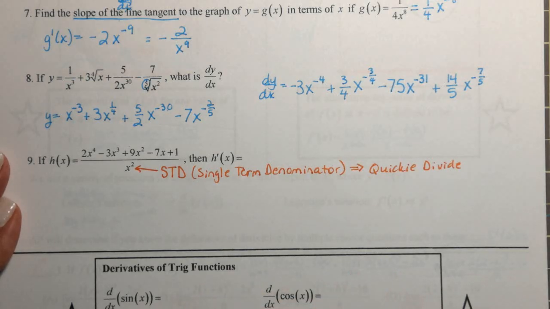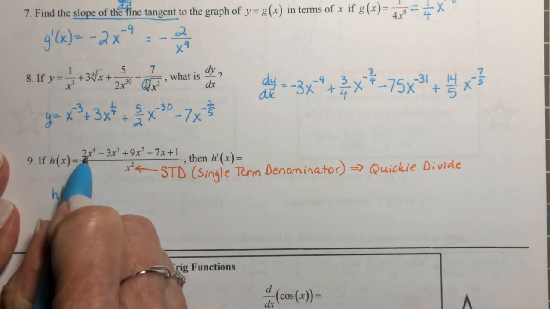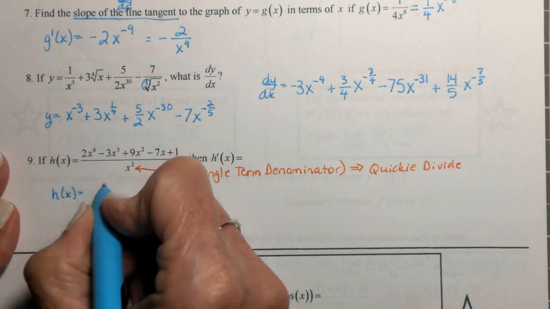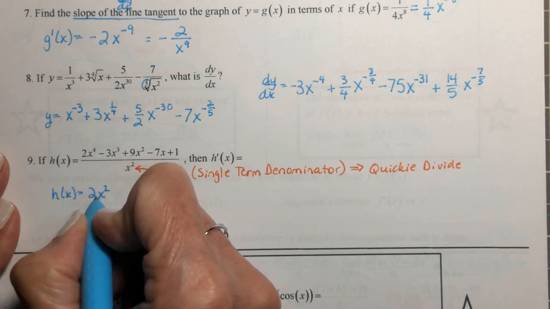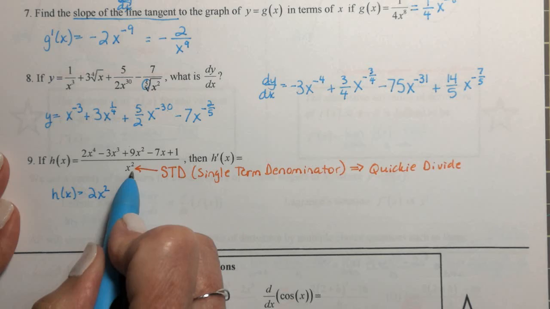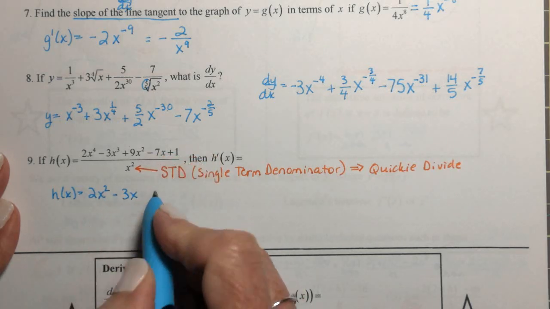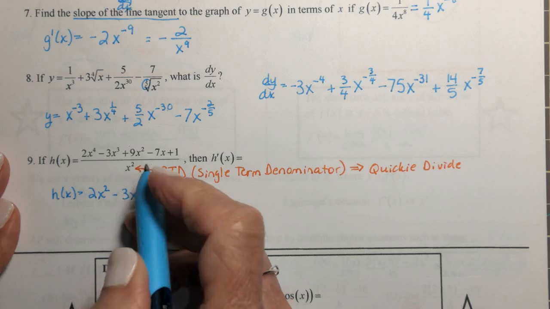All right? So h is going to equal 2x to the 4th over x squared. That'll be 2x squared. The x is reduced. Negative 3x cubed over x squared, negative 3x. 9x squared over x squared.